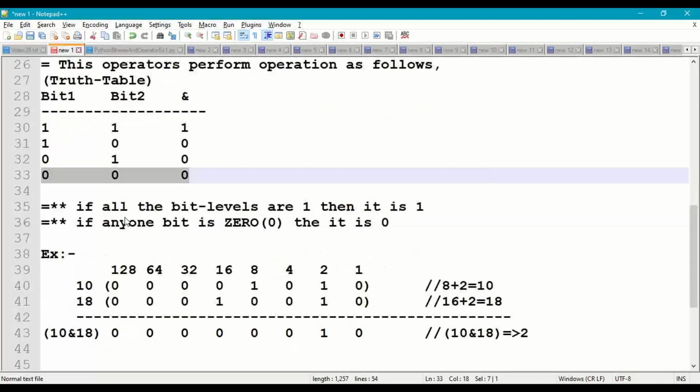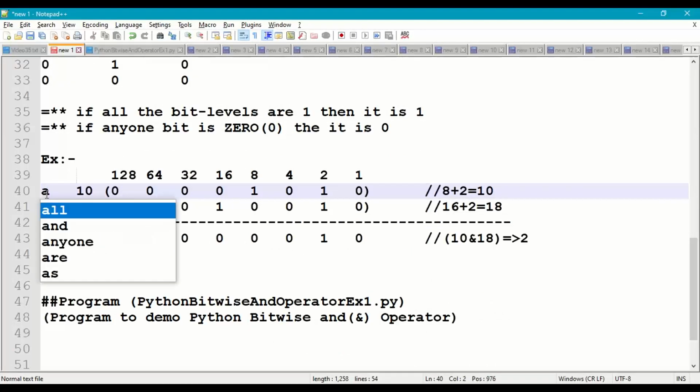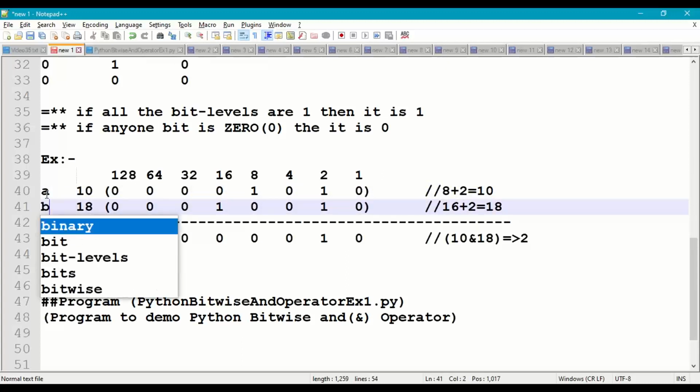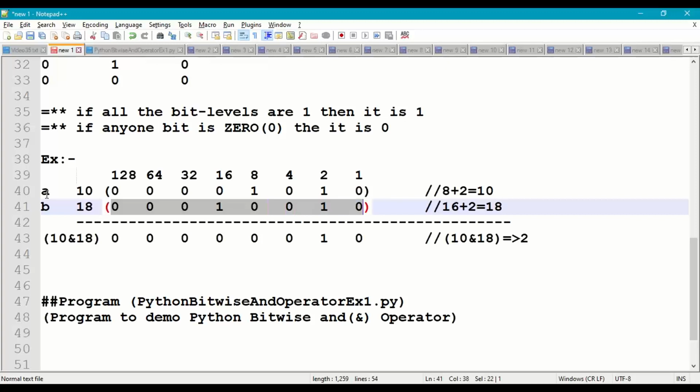Now let us perform A & B. Let us say A is equal to 10, B is equal to 18. So 10 is 00001010, and similarly B is equivalent to 00010010. We have to perform the operation on corresponding bits.